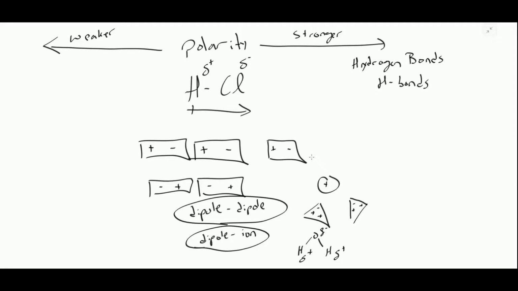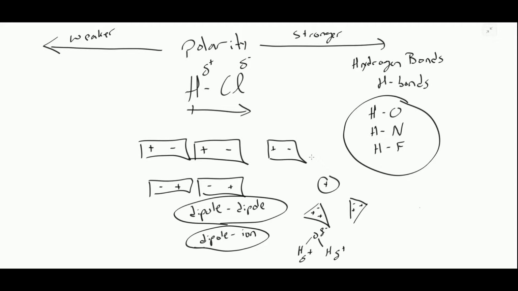A hydrogen bond is a specific kind of dipole-dipole interaction. So if you have hydrogen bound to oxygen, hydrogen bound to nitrogen, or hydrogen bound to fluorine, you can get hydrogen bonding. Notice that these are the three most electronegative elements in the periodic table.